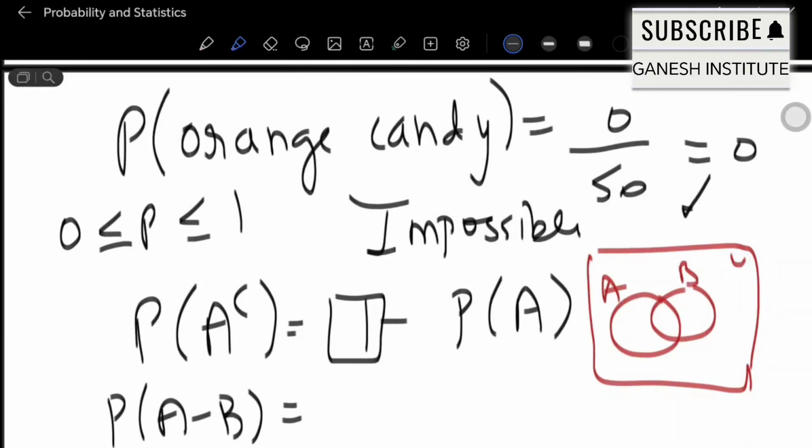This is the universal set, and you want A minus B. That is, you want A, but the part which is not part of B. So you have to remove A intersection B, because it is the common part A shares with B, and I don't want that. So can I write it as P(A) minus P(A intersection B)?